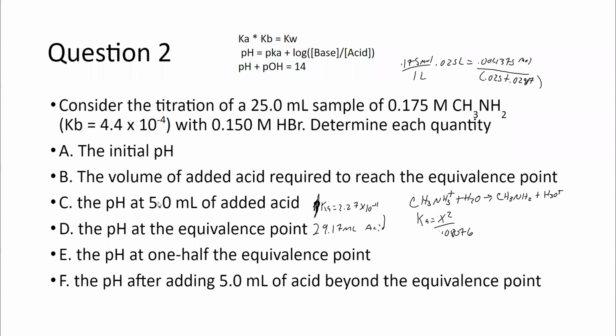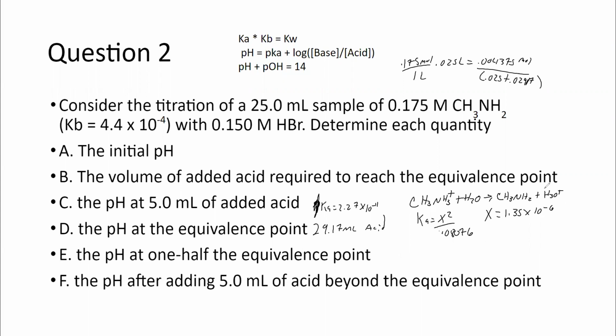So I'm going to take that, multiply by my Ka. Then I'm going to square root that number. So X, which is my H3O+ concentration, X is 1.35 times 10 to the minus 6.